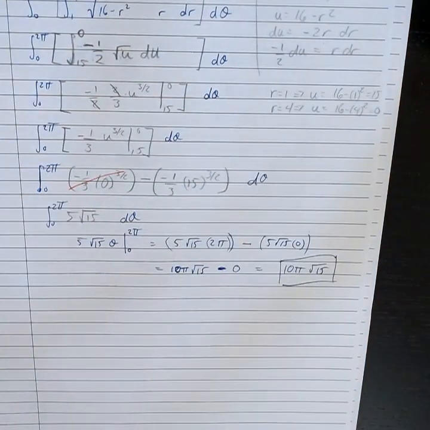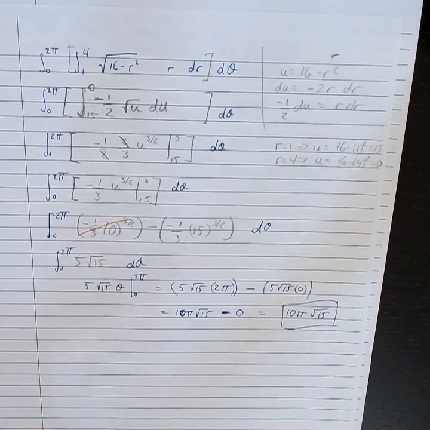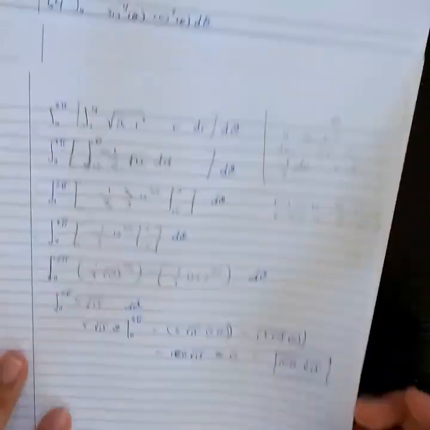And that makes us happy. Finally, as our last problem, we can see something that we saw in a previous section, and that is that you can use a double integral, an iterated integral, to find the area of a region.